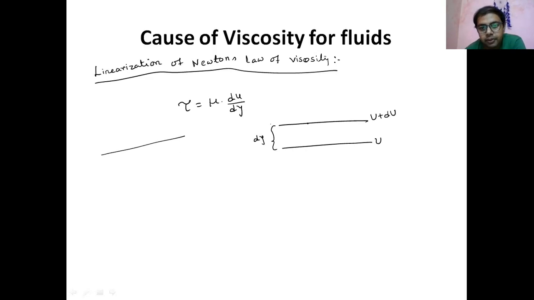So here, what is the plotting? Here the velocity plot was like this, non-linear form. If you plot the velocity diagram, it's non-linear in nature.